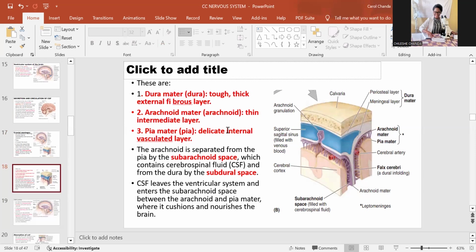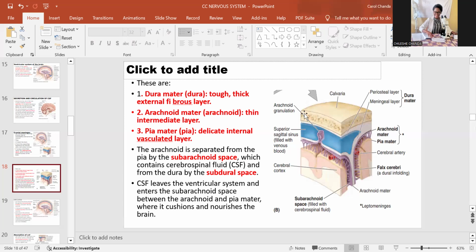When you look at these meninges, we have three meninges. If we look at this picture here, we are going to notice that this piece was taken from the head of someone, just a tiny piece.